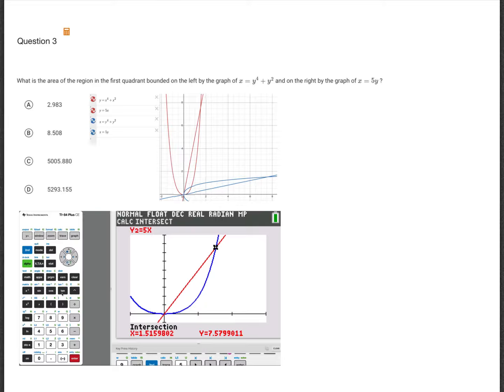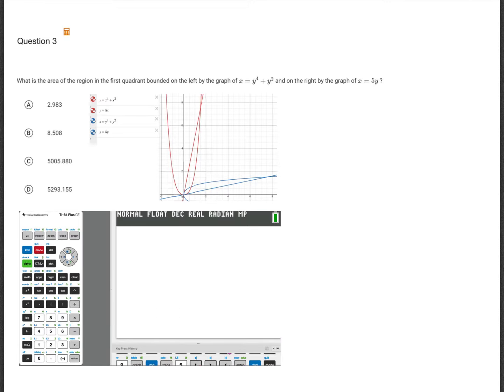Okay, now we want the x value of this intersection point. A little trick: do second quit and go back to a blank screen, and hit the store button on the bottom left. If you just get an arrow, hit clear and hit the store button again, and notice you get Ans equals.